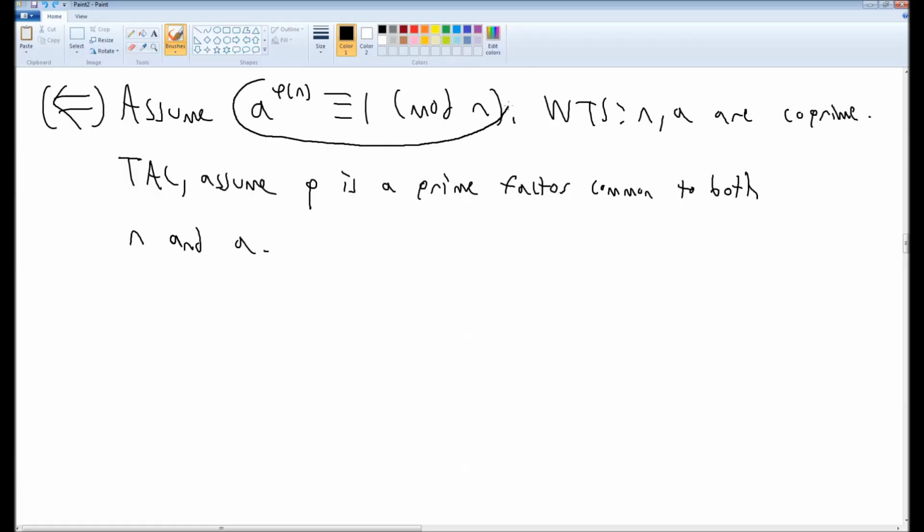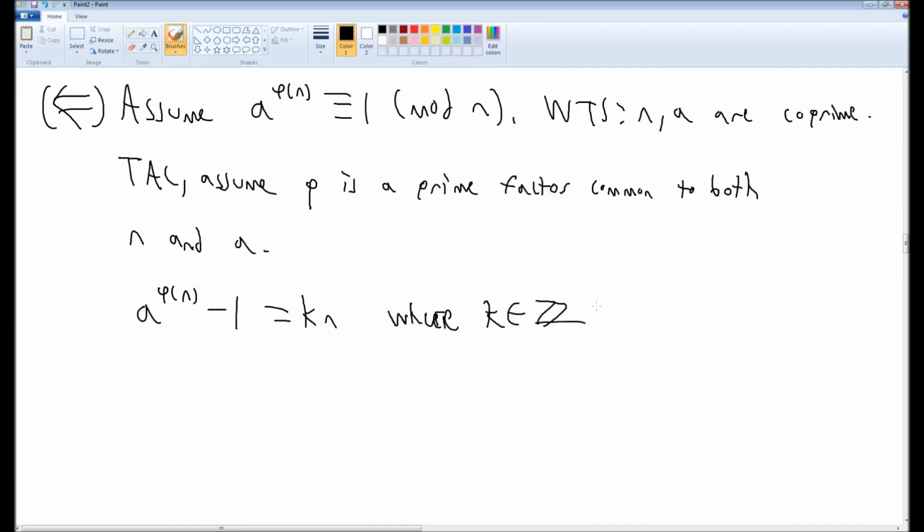Since we know that this is congruent, what we can do is we can rewrite a to the phi of n minus 1. We know this is divisible by n, so we can write this in the form k times n. And now if we do a little bit of algebra with this, we can rewrite this as a to the power of phi of n minus k of n equals 1, right?